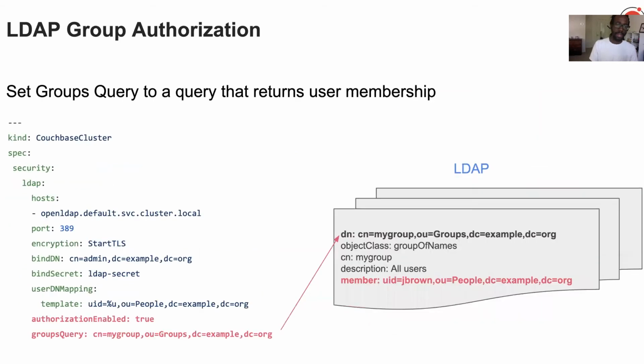For that, we need to add the group query to the Couchbase cluster security settings. This extends our initial settings that we had before. So we're adding the group query. It happens to be the exact same as the groups that we're authorizing, which is almost always going to be the case.